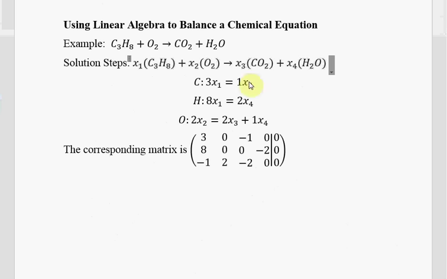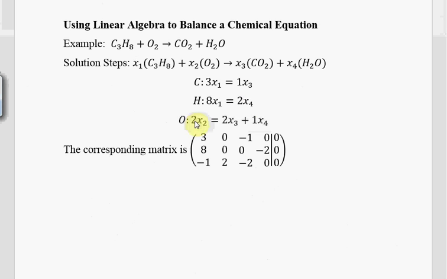So we have 4 variables, x1, x2, x3, x4, and a system of only 3 equations, because we only have 3 elements. 4 unknowns. For the first row, this is 3x sub 1, no x sub 2, minus x sub 3, no x sub 4, equal to 0. For the second row, it's 8x sub 1, no x sub 2, no x sub 3, minus 2x sub 4 equal to 0.